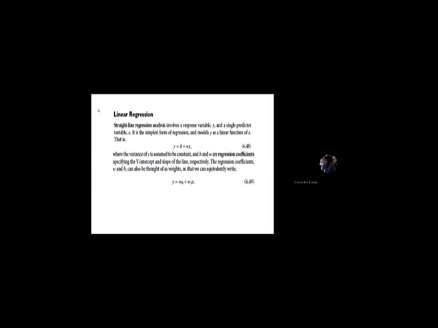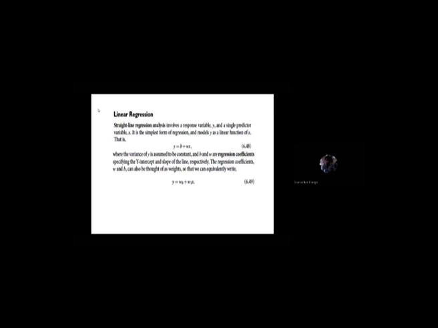So y is the response variable, x is the predictor variable. x is the input variable and y is the output variable. In the case of simple linear regression, we represent it by y equal to b plus wx, where the variance of y is assumed to be constant, and b and w represent the y-intercept and the slope of the line respectively.